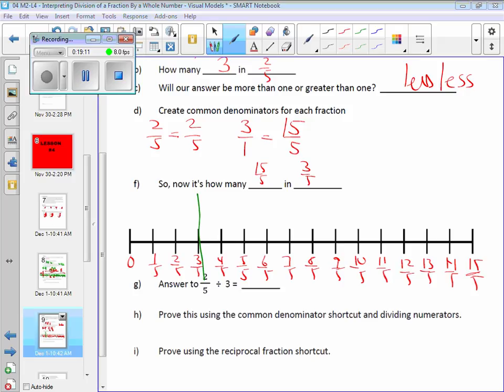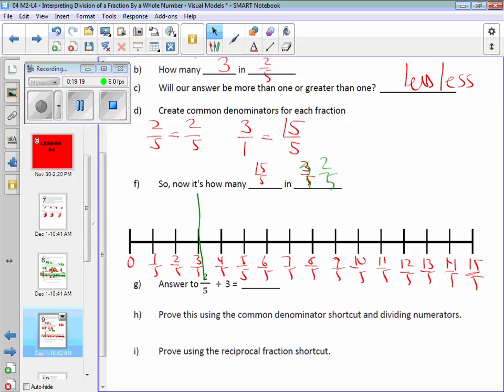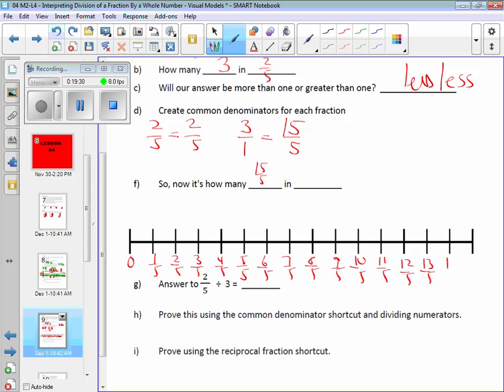Oh, I'm sorry. I got it wrong here, and I got it wrong here. Well, I'll erase this. This is 2/5. Okay. All good?